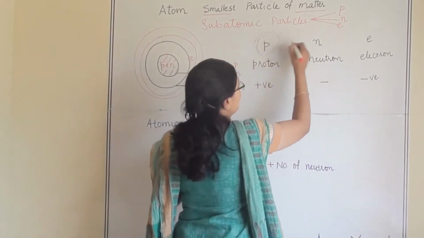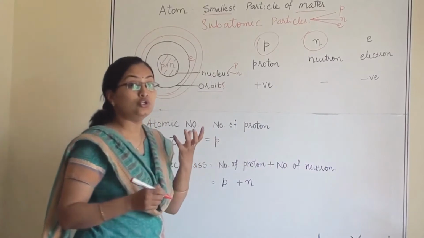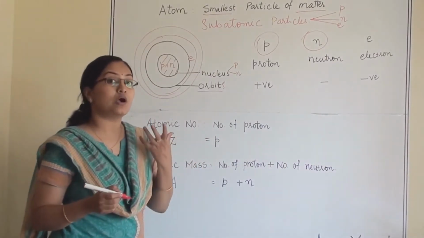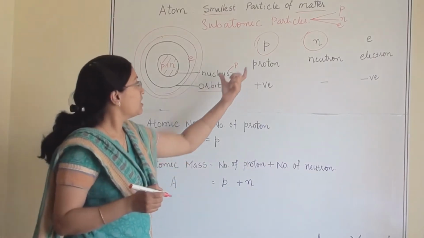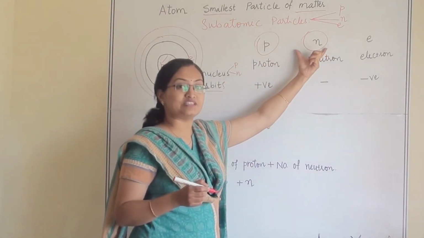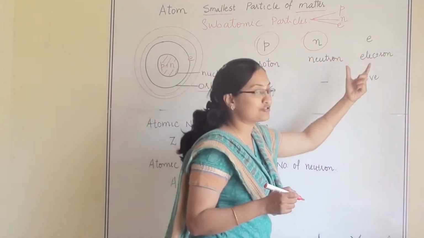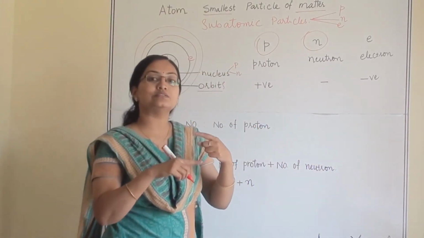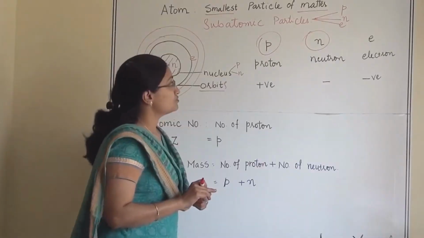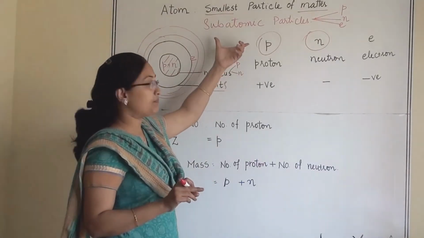Proton and neutron we can see in the nucleus. They are also combinedly called nucleons. So proton and neutron are present in the nucleus, whereas electrons are rotating around the nucleus in the orbits. So these are the subatomic particles.